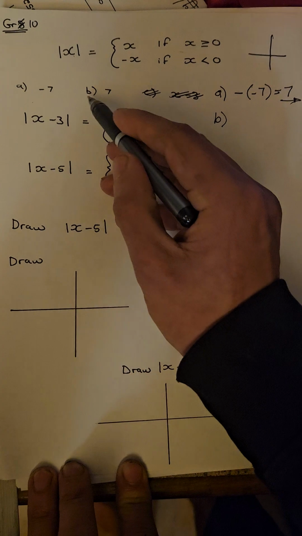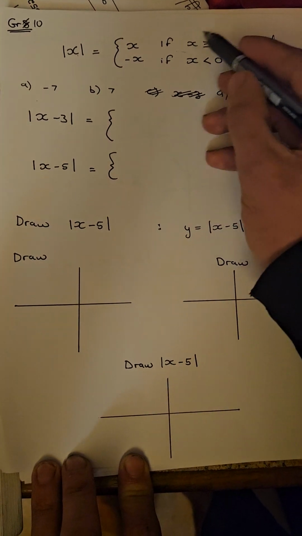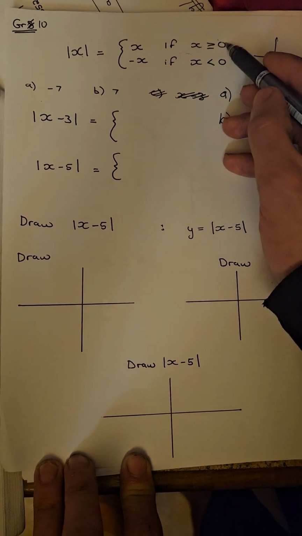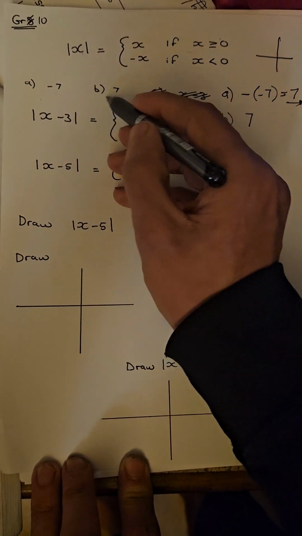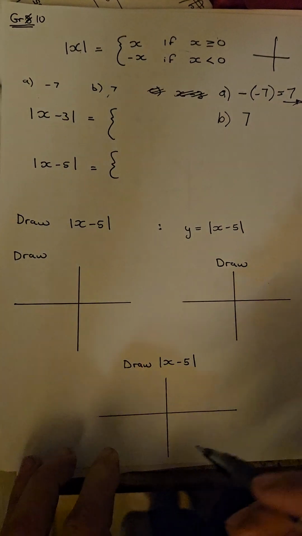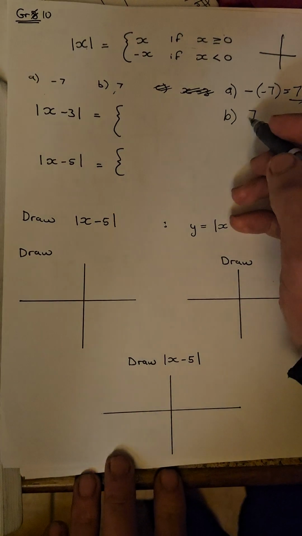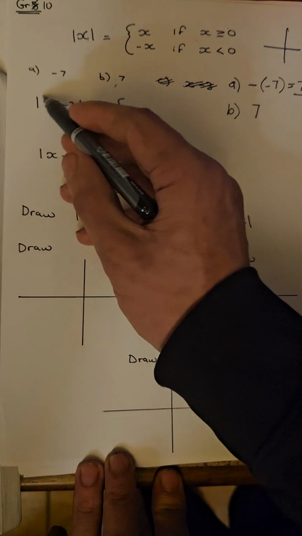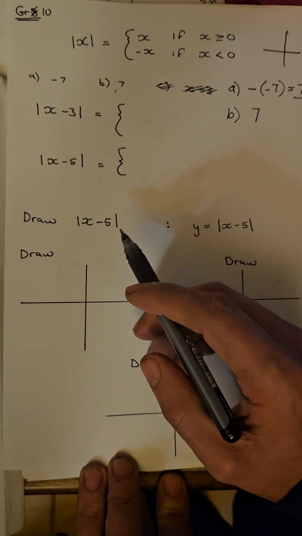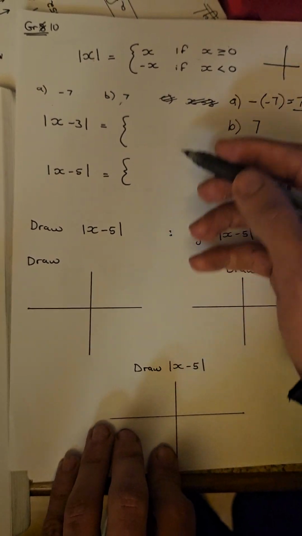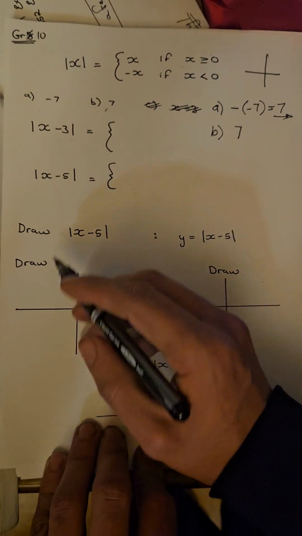If it was a positive value like 7, x equal to 7, then 7 is greater than 0, so I'm using the top one, so it would just be equal to x, which is 7. Now, this same thing can be applied to a complete unknown value, a variable, like x, for instance. So x minus 3 or x itself.